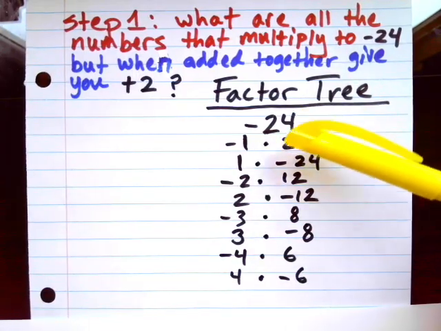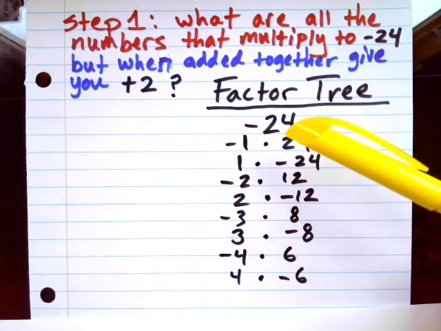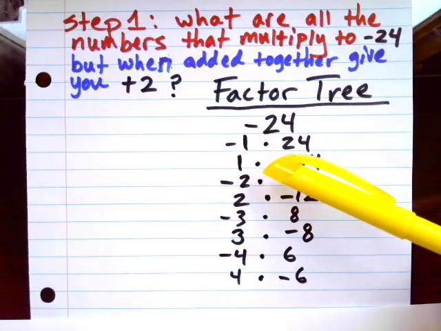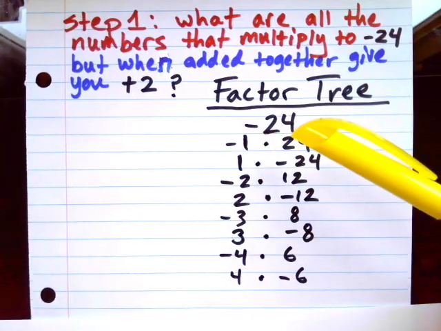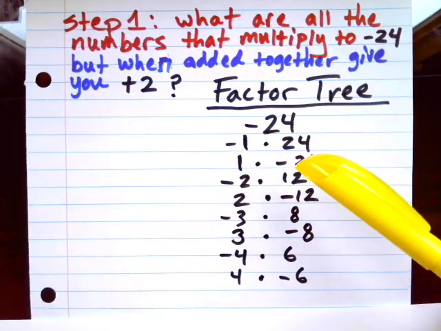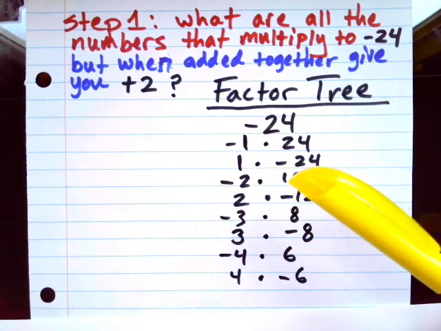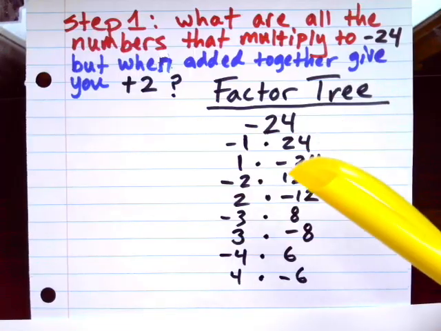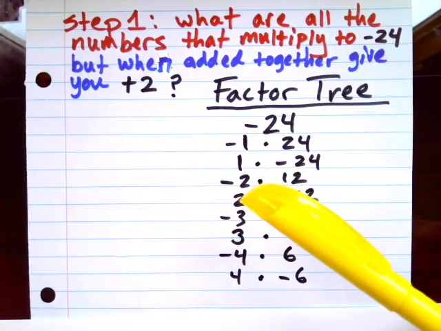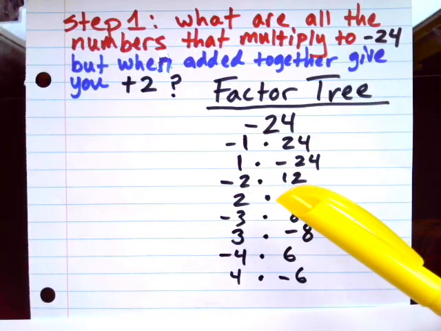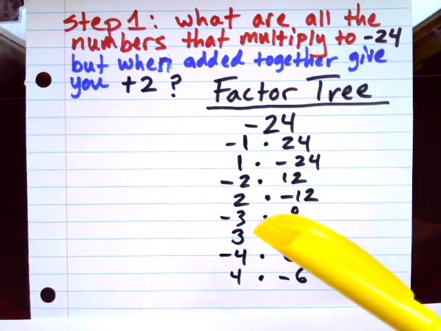So these are all the numbers that multiply to a negative 24, right? These are all multiplication symbols. I know a negative 1 times 24 gives me a negative 24. A positive 1 times a negative 24 will give me a negative 24 answer. Negative 2 times a positive 12 gives negative 24.